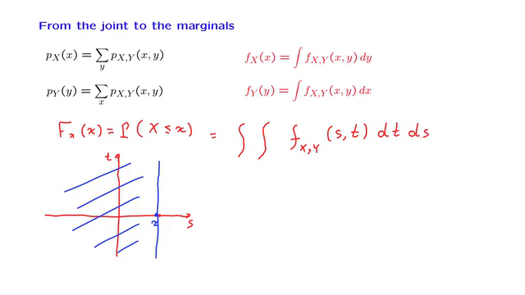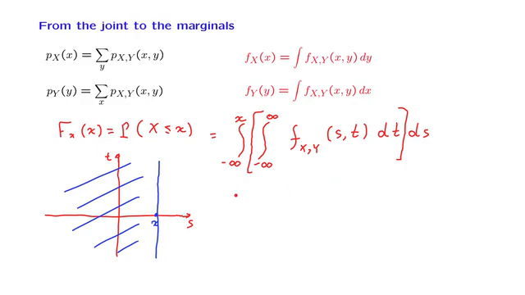The variable t can be anything, so it ranges from minus infinity to infinity, but the variable s, the first argument, ranges from minus infinity up to this point, which is x. Think of this double integral as an integral with respect to the variable s of this complicated function inside the brackets.